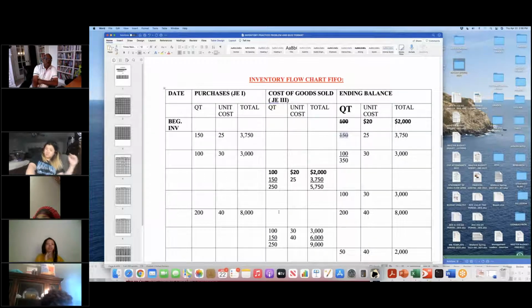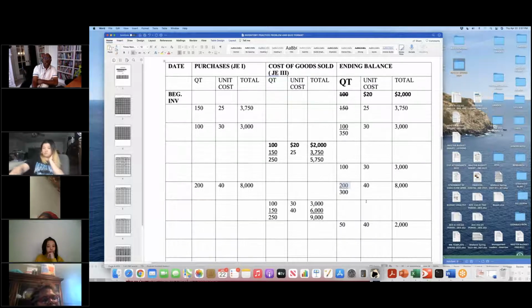Then we bought 200. So now we have 300 for sale again. We have another sale of 250.